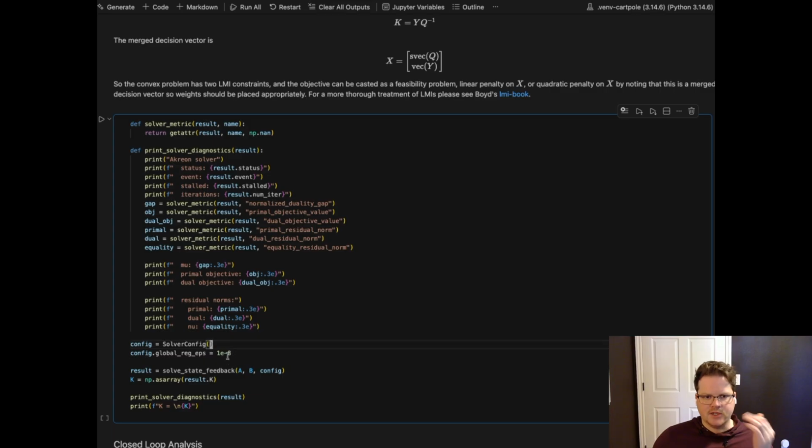But if I don't do this, there's going to be a numerical error in the solver, annoyingly. When I do 1e minus 8, I think even 1e minus 9 or 10 works too. Anyways, it's just applying more regularization, giving the solver a little bit more curvature.